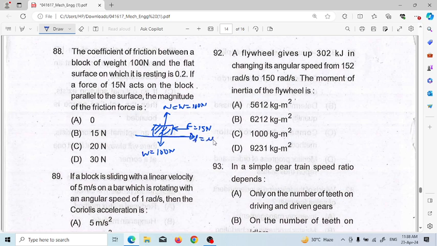which is equal to mu into N. Given mu value is 0.2 and N value is 100 Newton, so the friction is equal to 20 Newton.